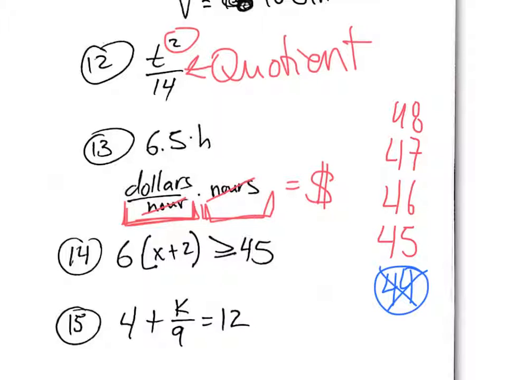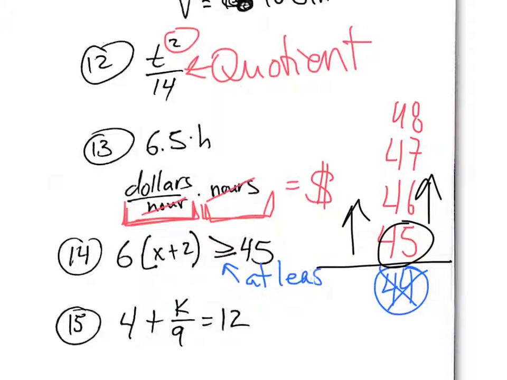Okay, something is at least. So we have this line here where it has to be 45 or more. That's how we end up with this. All this stuff, this quantity is at least 45, so it's greater than or equal to 45. Okay, so it's a little tricky, but we have done a couple of these, at least.